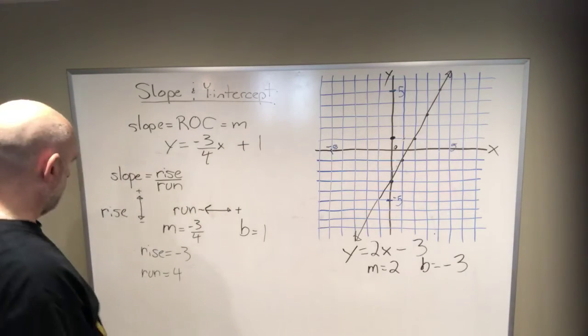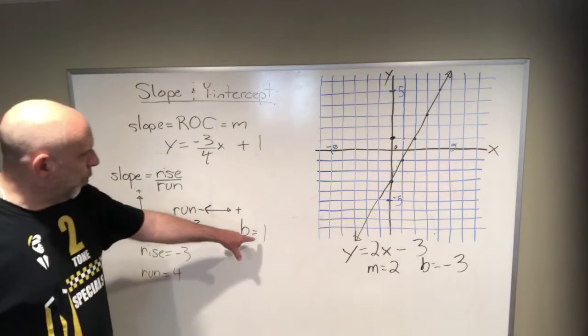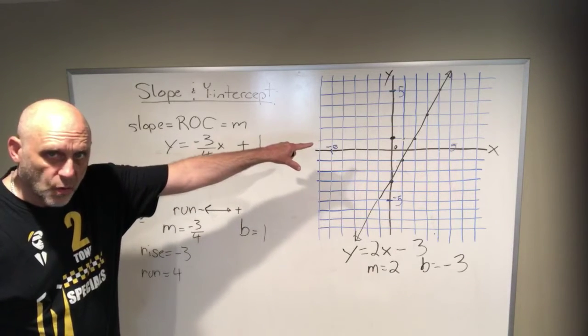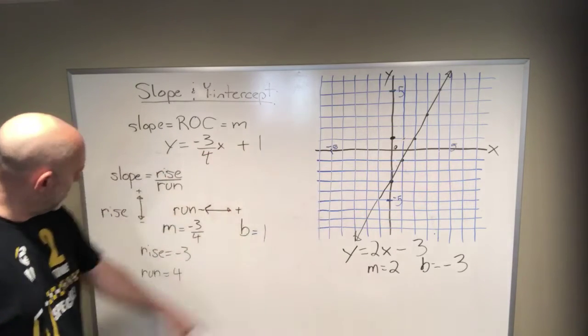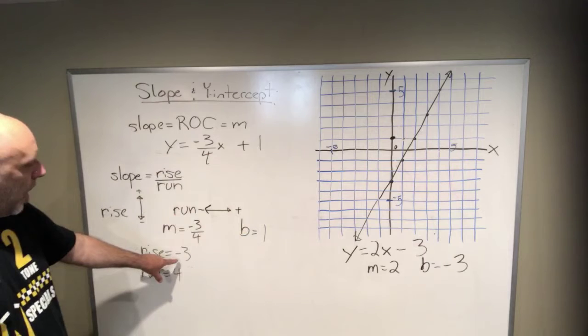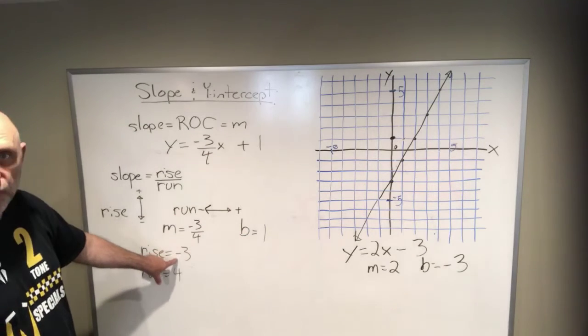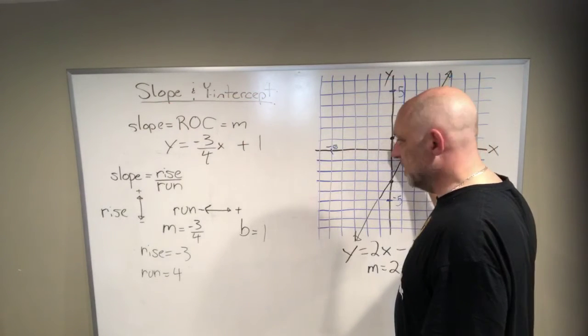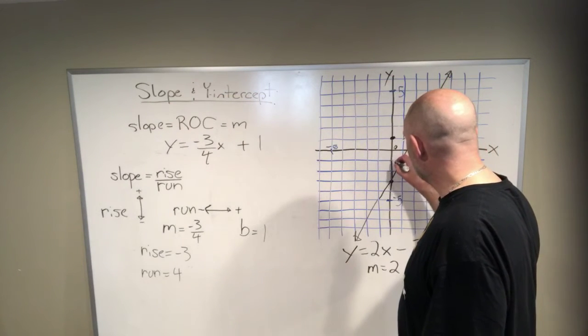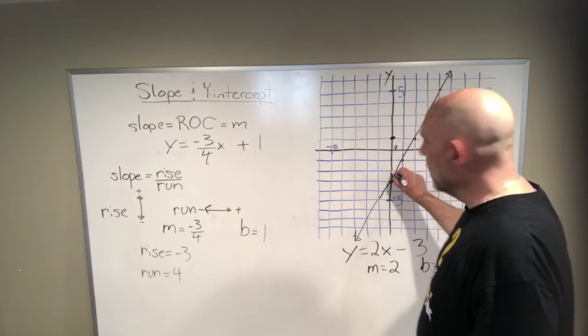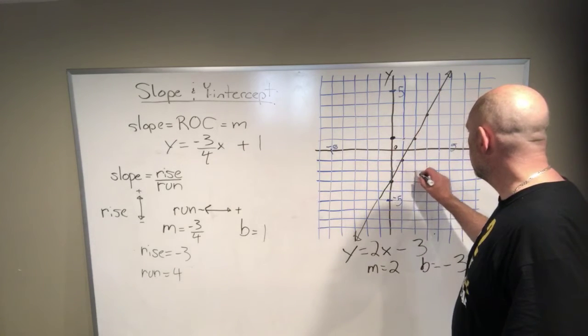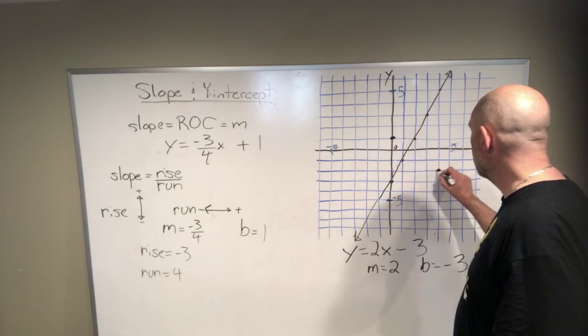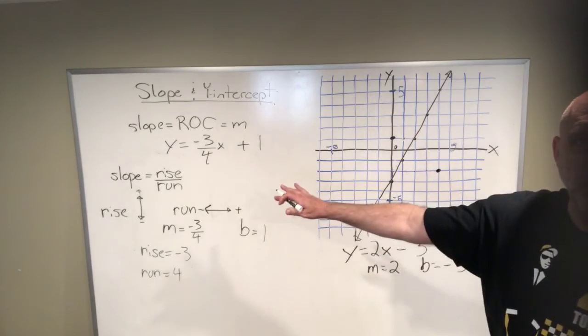Okay, so I'm going to start at 1, the y-intercept, and I'm going to go down 3, 4 to the right. So if I start here, I go down 1, 2, 3. Then I go 4 to the right. 1, 2, 3, 4. There's the other one. That's all I need. Done.